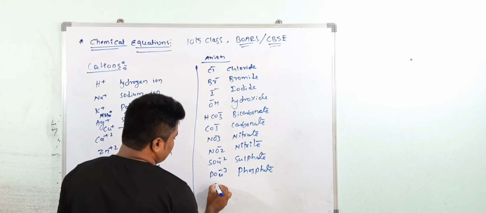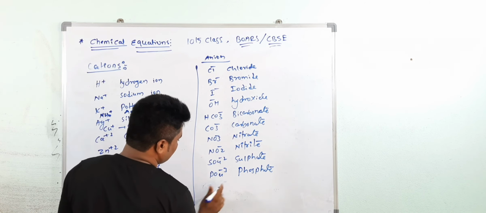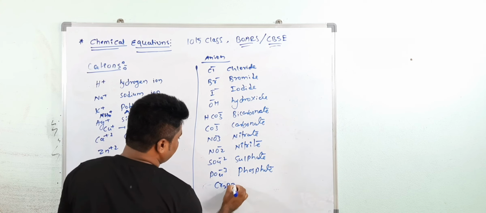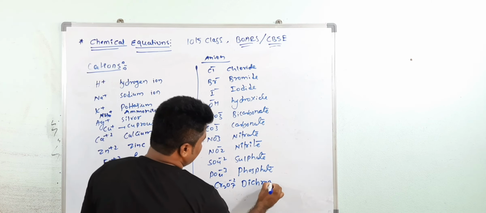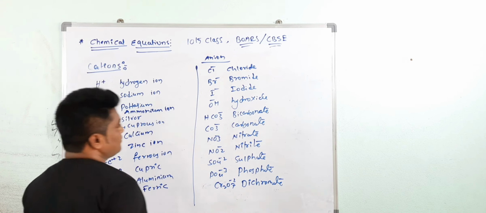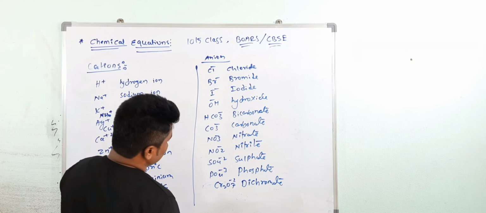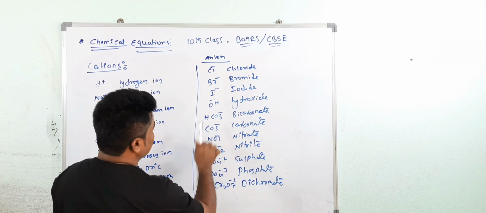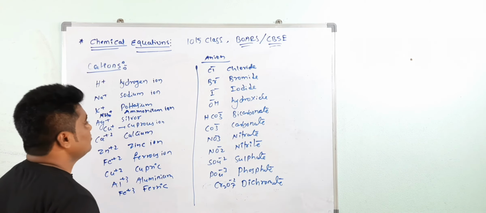Now Cr2O7 2-, this is dichromate ion. So these are some anions.